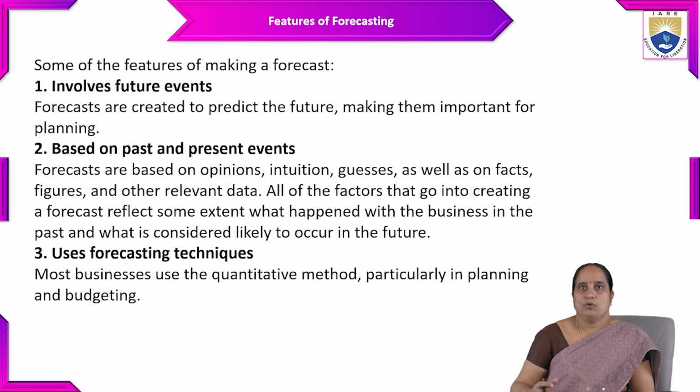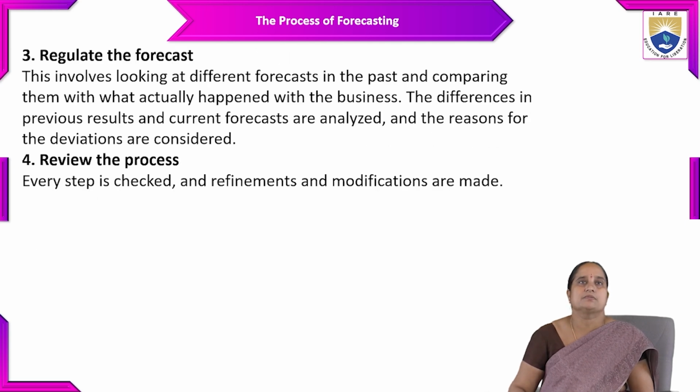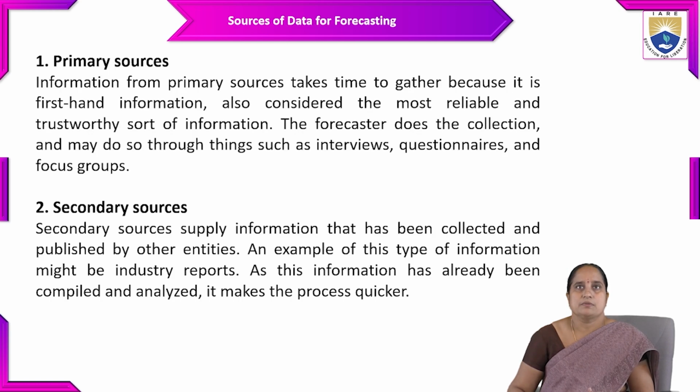Companies go with different types of financial related data that is possible based on past and present events, and they use appropriate forecasting techniques. The process of forecasting includes: first, developing the basis, then estimating the future operations of the business, then the company regulates the forecast and reviews the process.